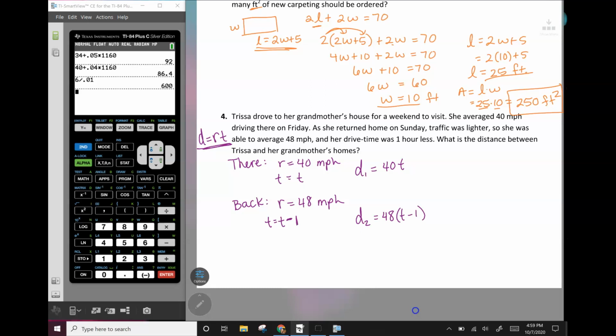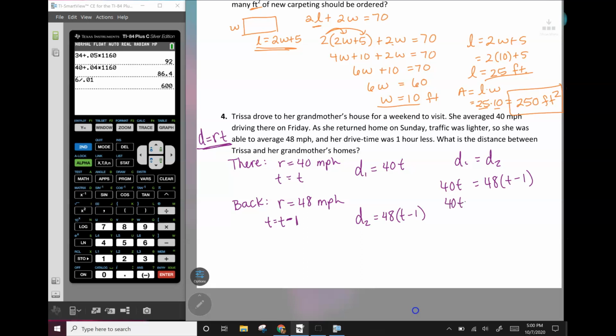And we know that those two have to be equal, so we can just say D1 equals D2. So 40T equals 48 times T minus 1, and we can solve that equation. The only thing I knew here was that the distances were equal, so I set them equal to each other, and now I can solve for T.